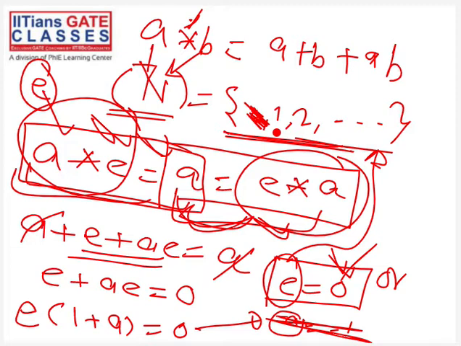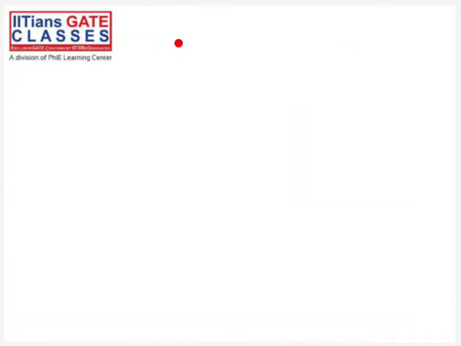If you change the base set, then things may change. If you change this operation, then also things may change. So these two things matter: what is your base set and what is your operation.